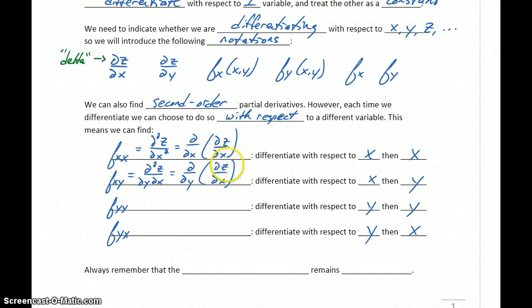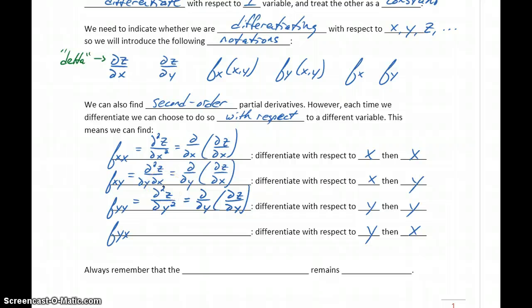So again, the first thing we'll work is this. We'll differentiate with respect to x. Whatever that result is, we'll differentiate with respect to y. And then again, we'll have very similar notations pop up for the other cases here. So keep in mind as you're reading these, even though we're using this new letter, this Greek symbol delta, it really is just the Greek letter for d.